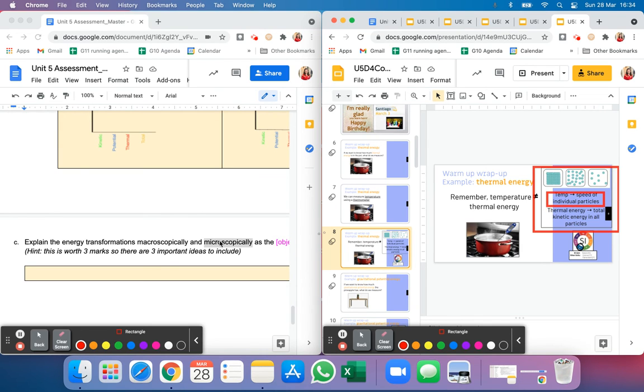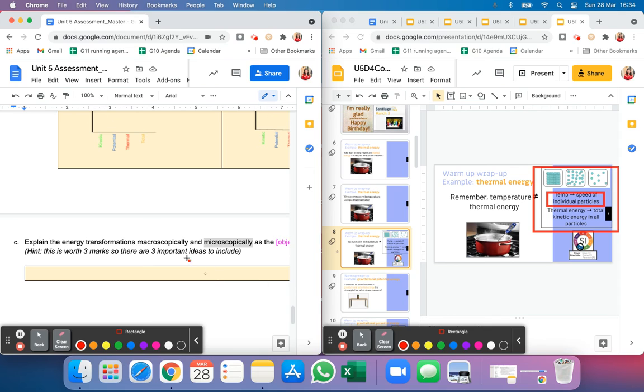So that's what's happening microscopically. When you have friction, you have thermal energy. As thermal energy increases, the speed of your particles also increases. I did see someone here try to say that particles start moving. Remember, particles are always moving, but as you get hotter, particles move faster, just like we talked about last semester.